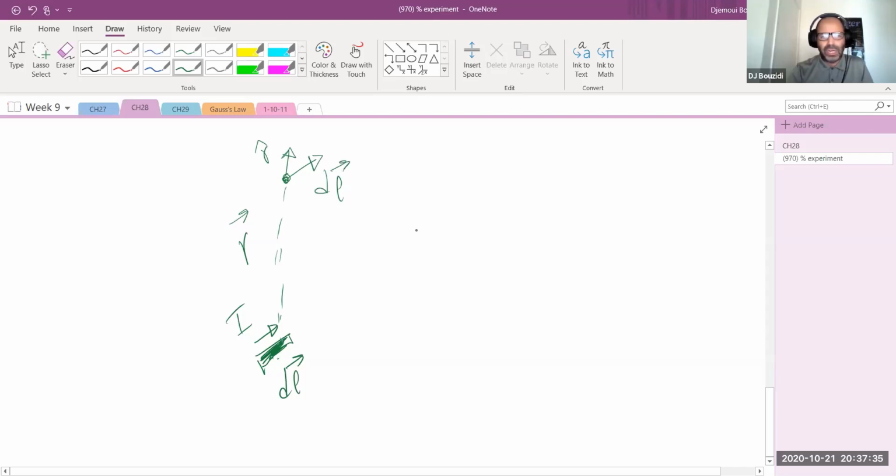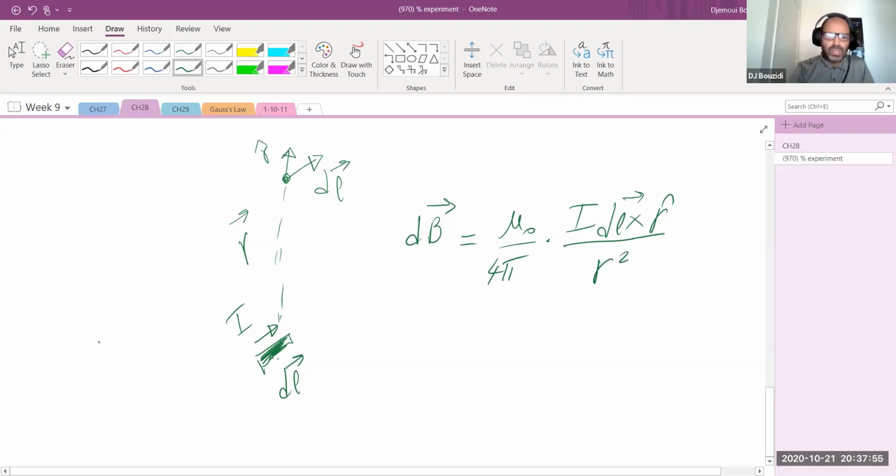Then the expression of the magnetic field at that point due to just that element itself is mu naught over 4 pi times the current I times dl crossed with this r hat, the unit vector pointing in the radial direction from the point where I'm calculating, divided by r squared. This r squared is not from the origin of the axis somewhere. I'm not assuming that this is r.